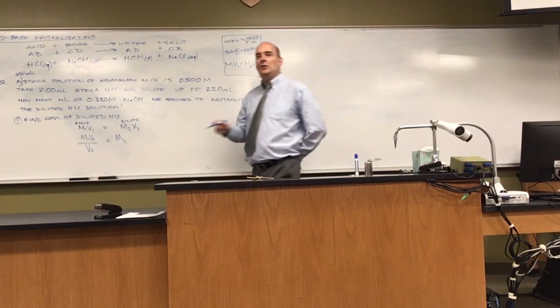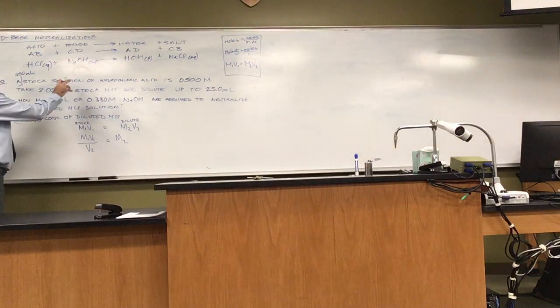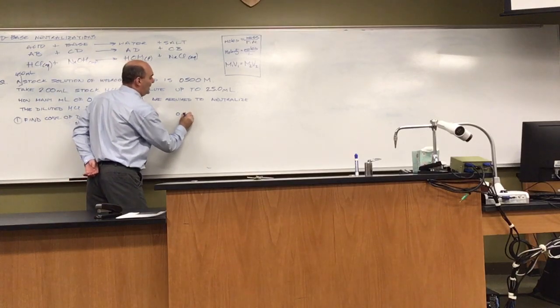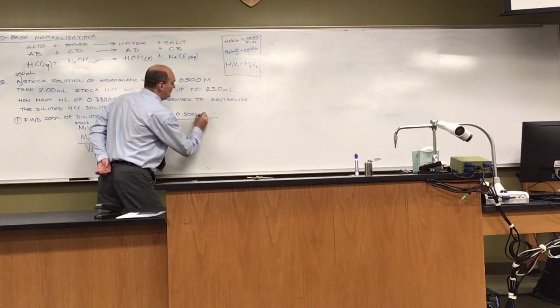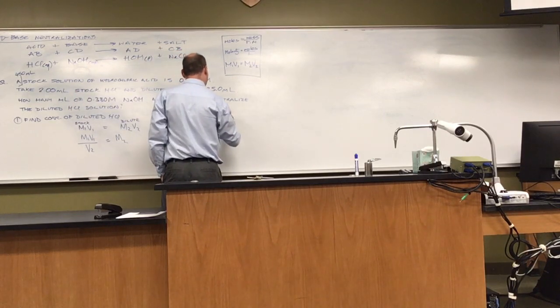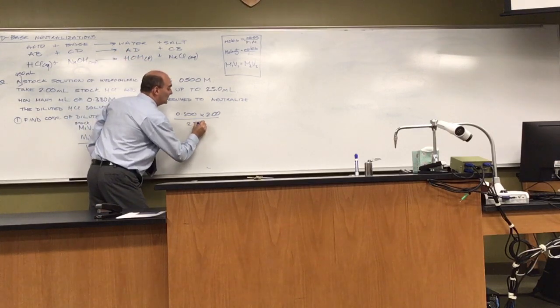So M1 is 0.500 times volume 1 divided by volume 2.